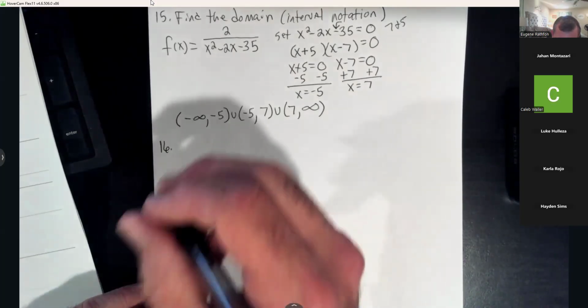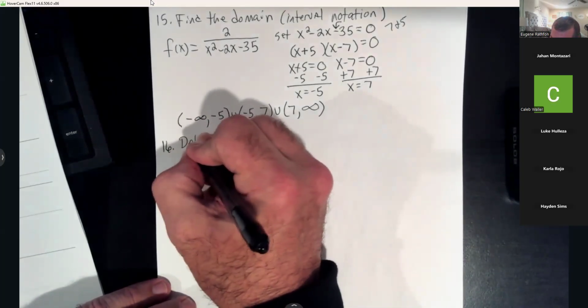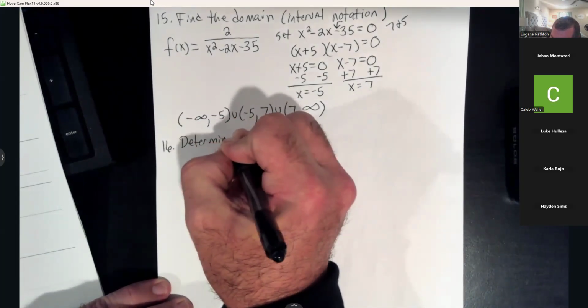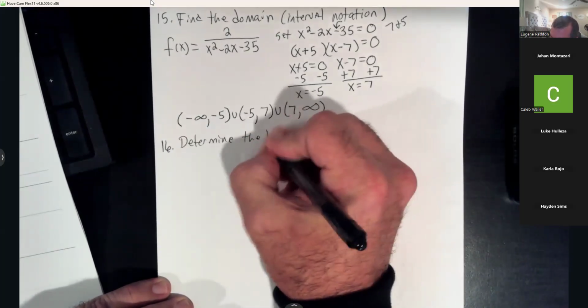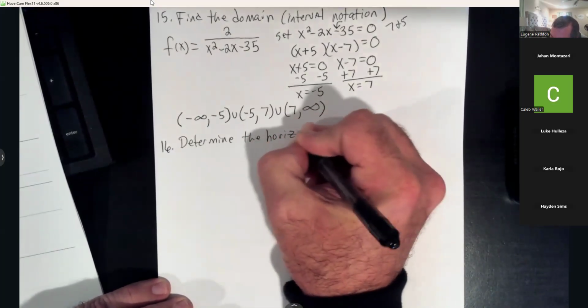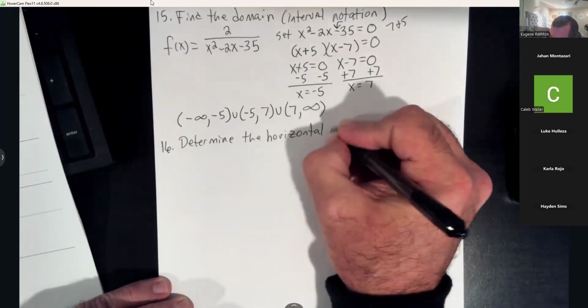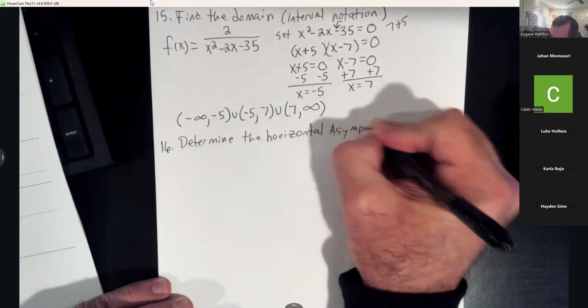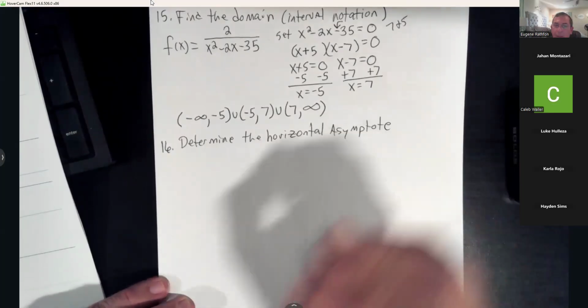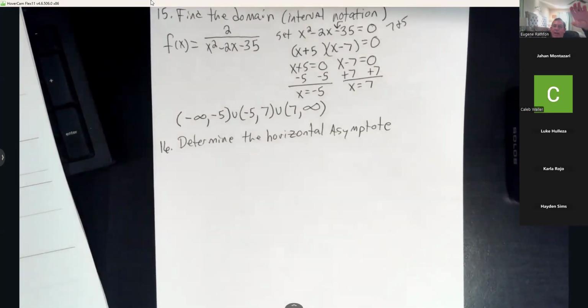All right, y'all, let's see. This 16, we're going to determine the horizontal asymptote. So that's where I looked at the biggest exponent on top and bottom.